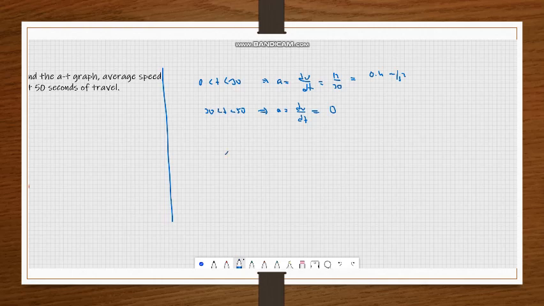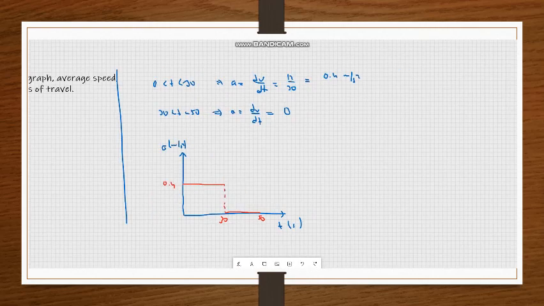Then we can draw the answer to the first question, which is acceleration versus time, with acceleration in meters per second square and time in seconds. Between 0 and 30 it is 0.4 meters per second square, then after that it is 0 until 50. This is 30, and this one is 0.4. So we drew our acceleration versus time graph.